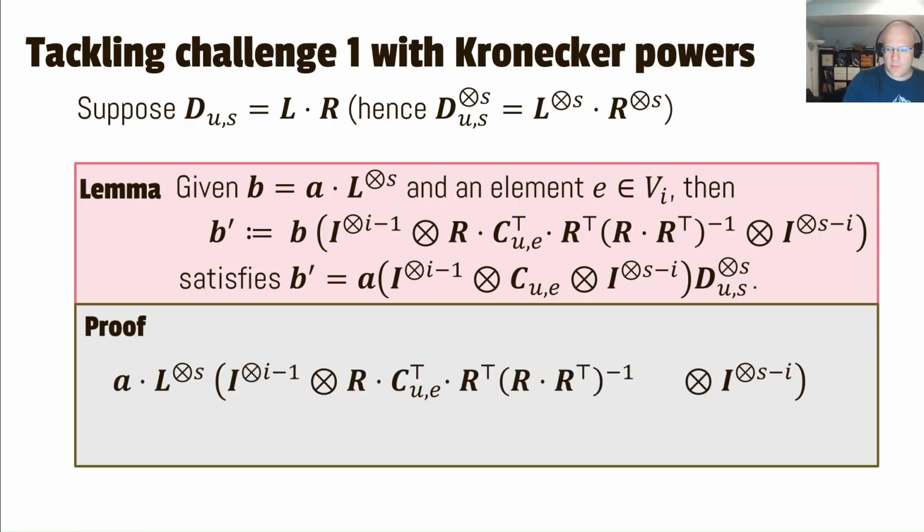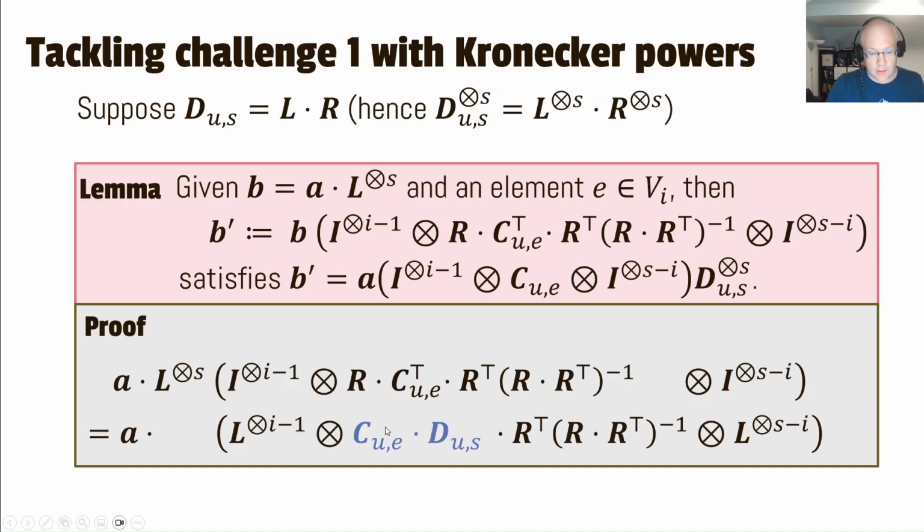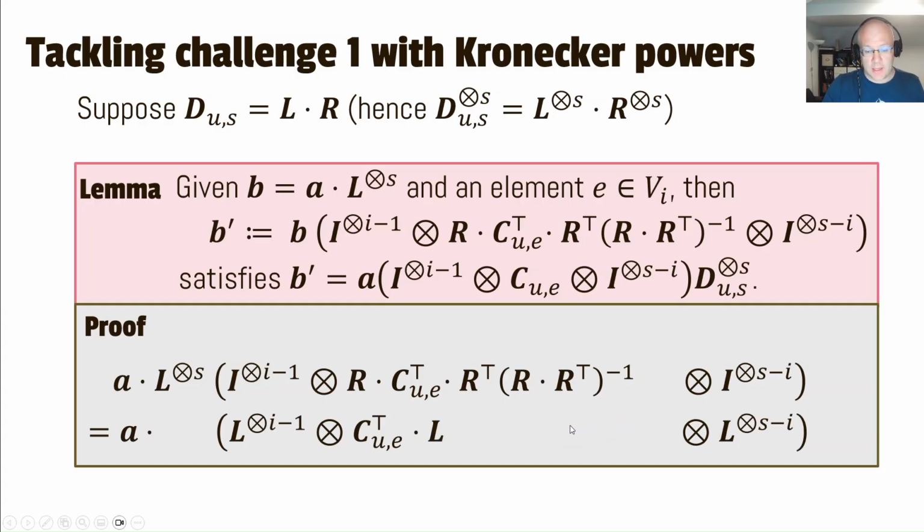The proof is some arithmetic. Maybe I want to quickly go over it. First you just expand the definition of B prime by substituting B with A times L Kronecker power S. Then you use this mixed product property to take the S into the parentheses here. Then we use the commutativity property of C and D. And now what we see is D is of course equal to L times R. And we see that R times R transposed times the inverse of R transposed of course cancels, so that becomes an identity matrix.